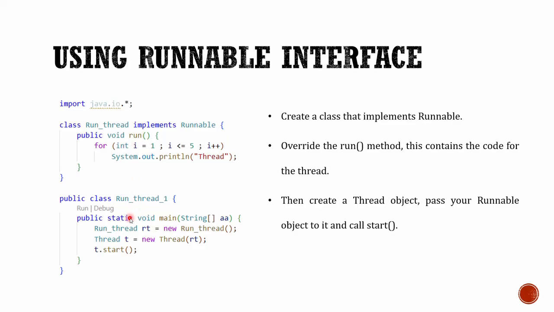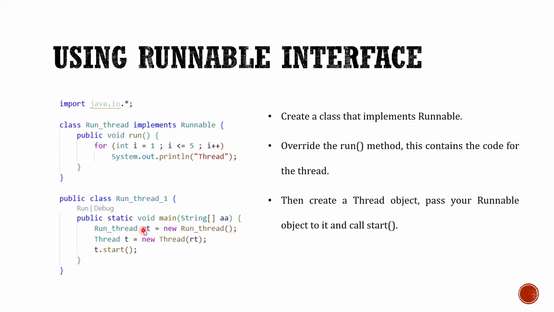Now, in the main function, first we create an object for this RunThread class, rt. To make this particular class a thread, we create an object of the Thread class: Thread t equal to new Thread, and then we pass the object of this particular class to my Thread class object.